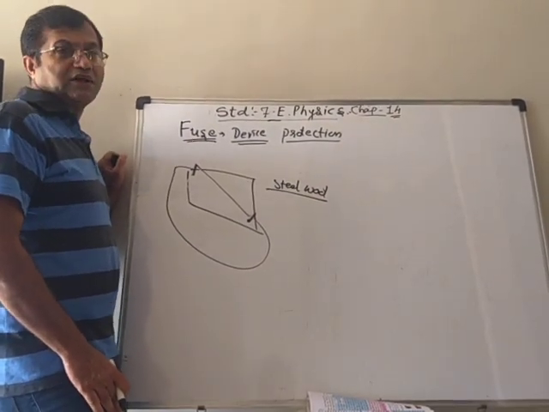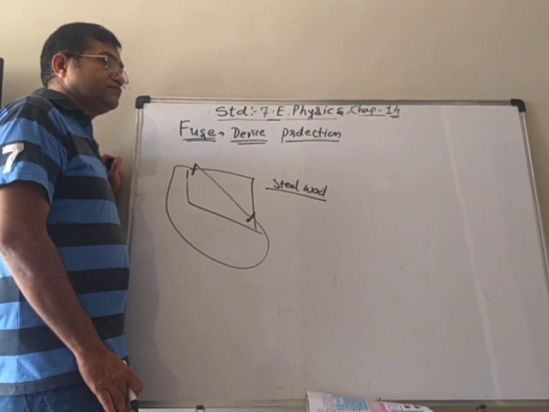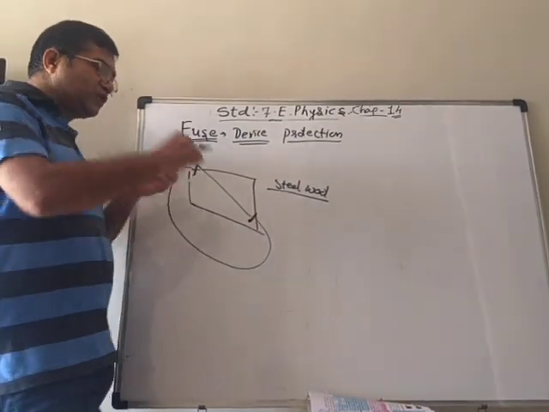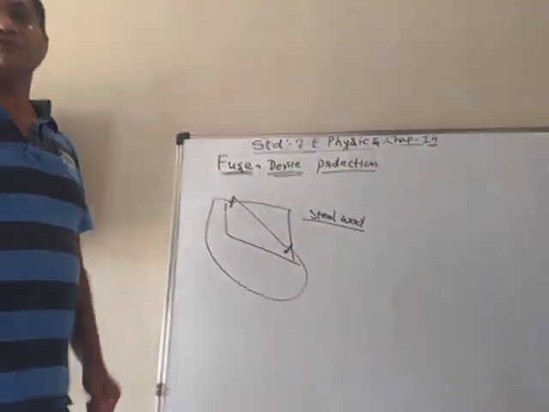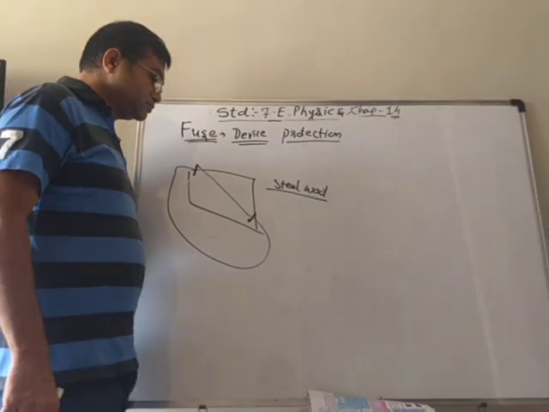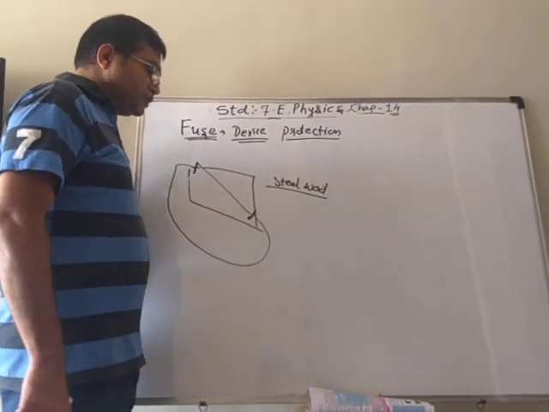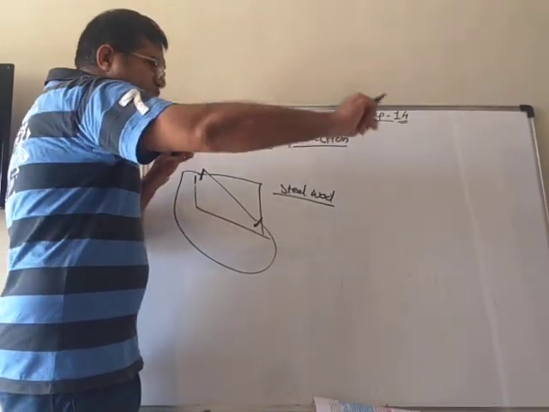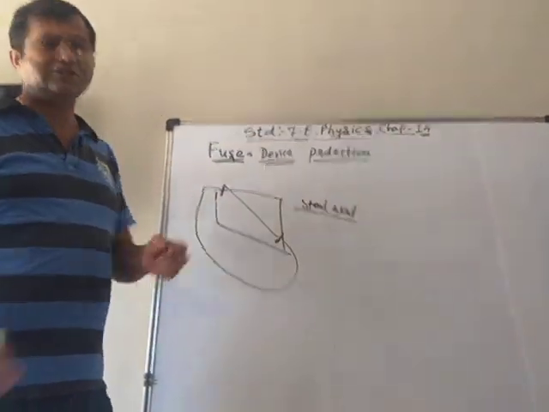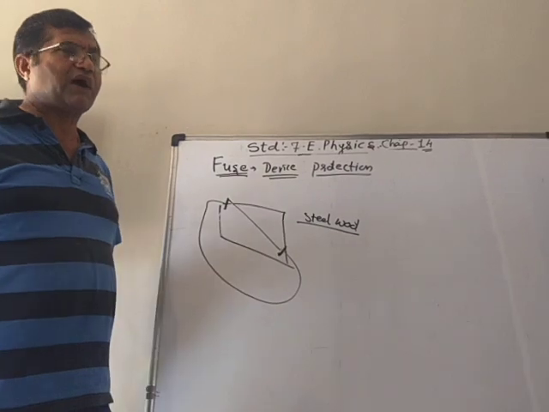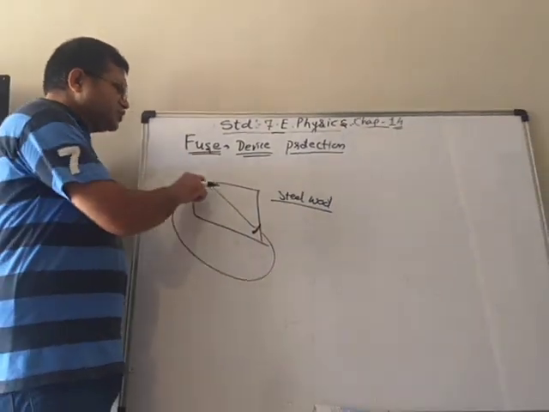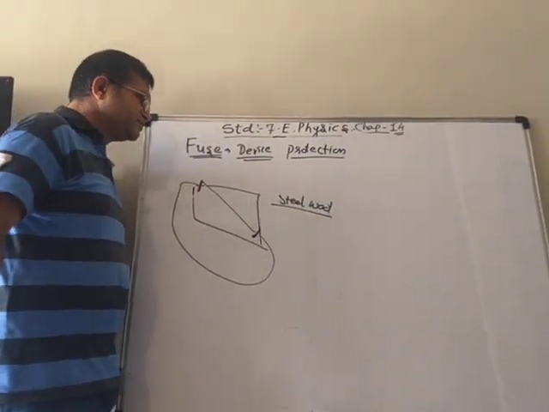You can ask your mother how it looks. Then from the steel wool you can take out a very thin wire. It is available in the grocery shop also. So you can take out the thin strand from it, meaning the smallest, thinnest wire, and you can use that also here.